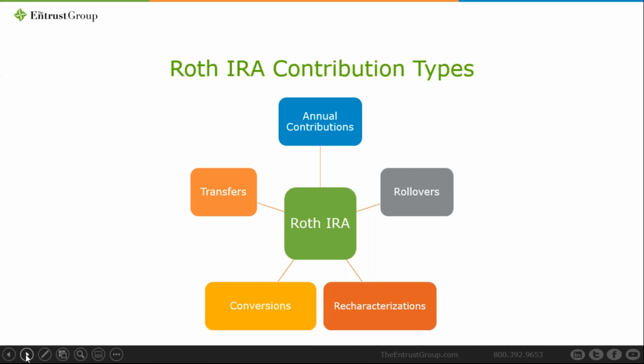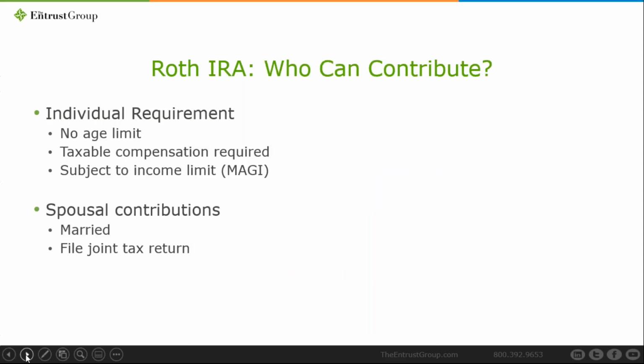But once you go from a tax-free, you never want to go back to a taxed account, right? That's why conversions, the contributions from a traditional IRA being distributed, can only be converted to a Roth. Therefore, conversions can only be contributed to a Roth. Recharacterizations are also a contribution type that goes into a Roth. But for this particular course, again, we're only going to focus on annual contributions.